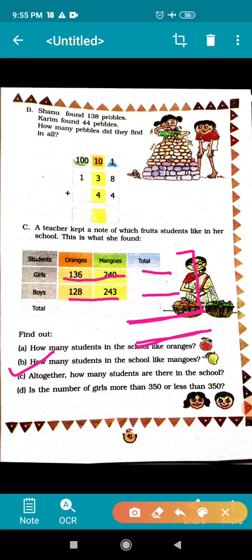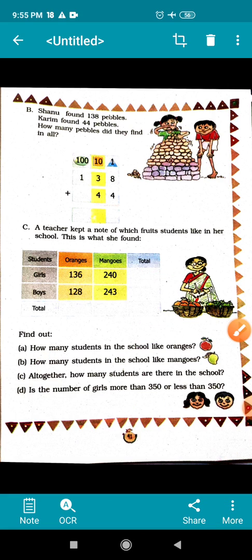Now, is the number of girls more than 350 or less than 350? So what will you do? You will add these two numbers and see whether this number is more than 350 or less than 350.